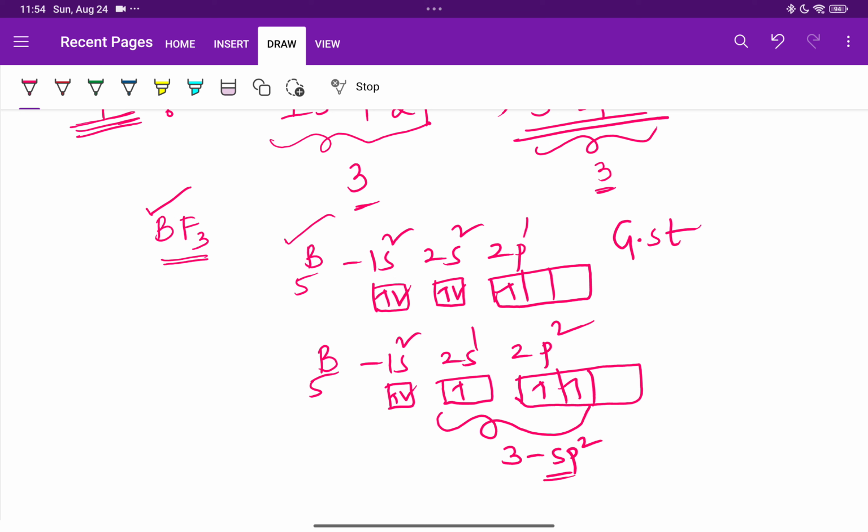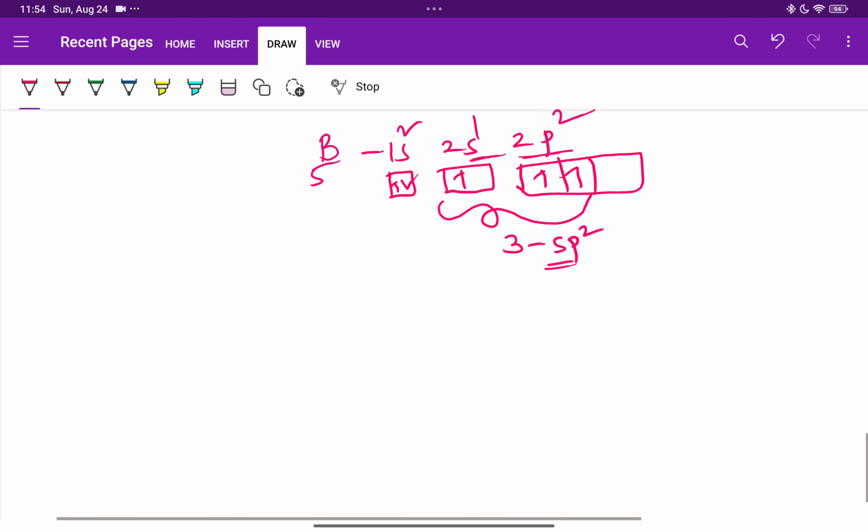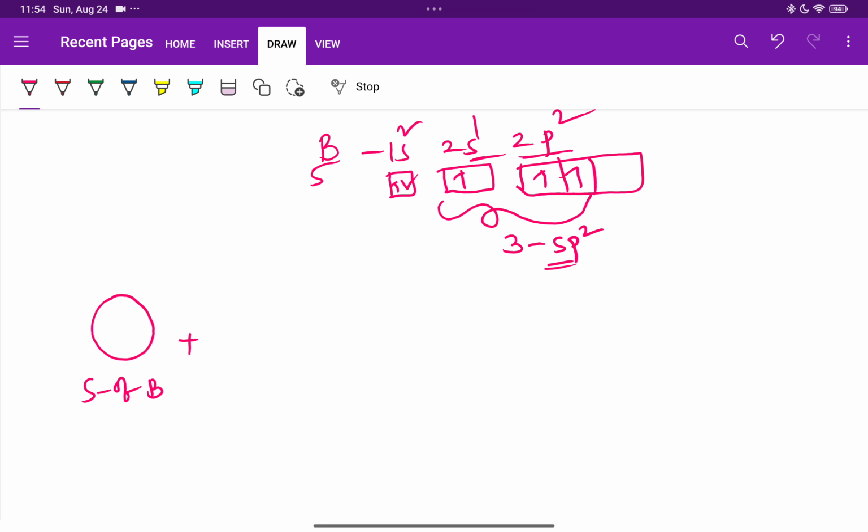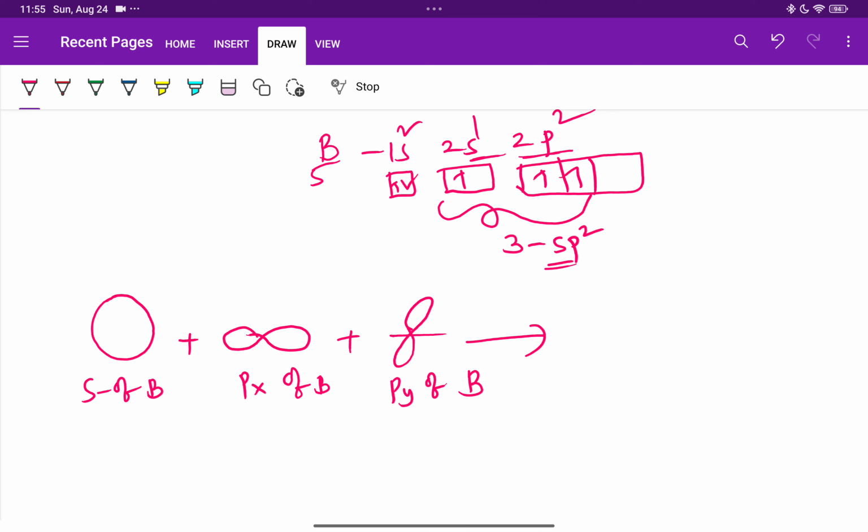Then how the s and 2p orbitals intermix, I am going to show you. So this is the s spherical shape, s of boron, plus this is px of boron. Then you can take this is py of boron. So intermixing of these 3 atomic orbitals will give you 1, 2, 3 lobes.